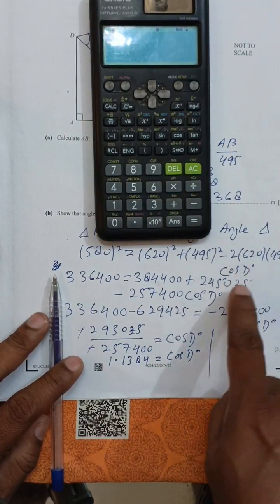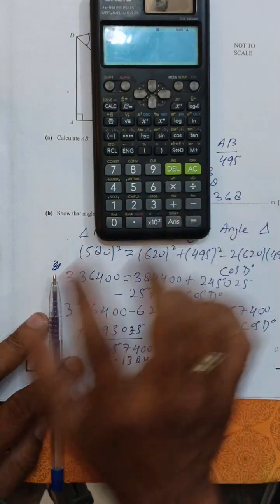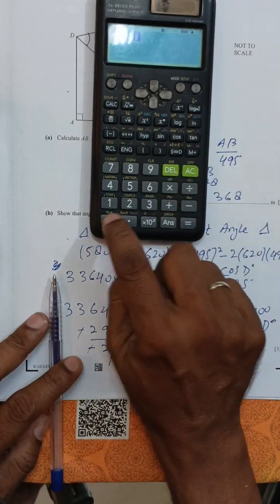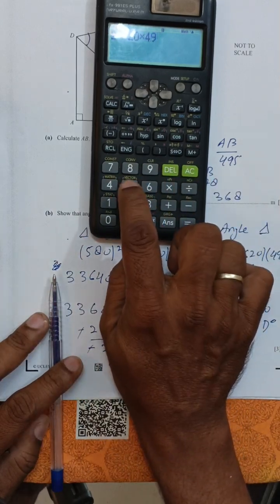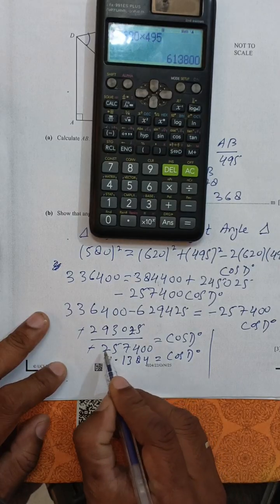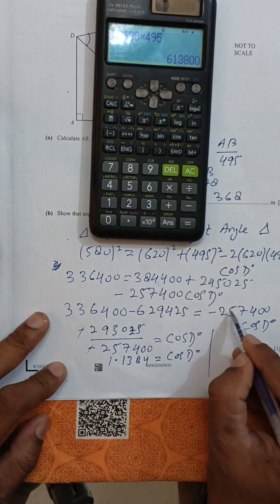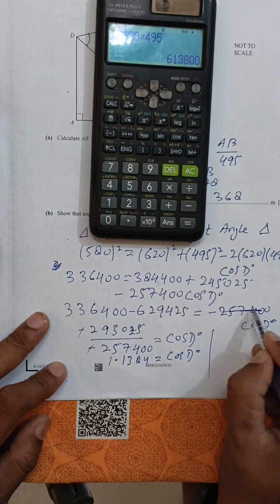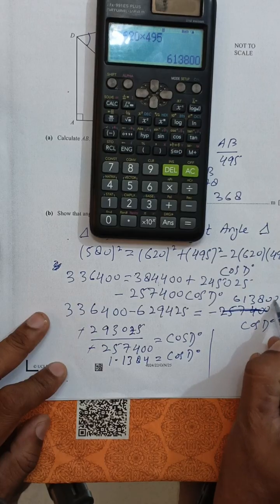2 multiplied by 260, and this one, 2 multiplied by 620 multiplied by 495. Okay, yes, please correct this value. It is 613800.